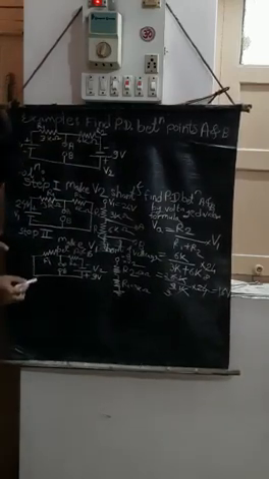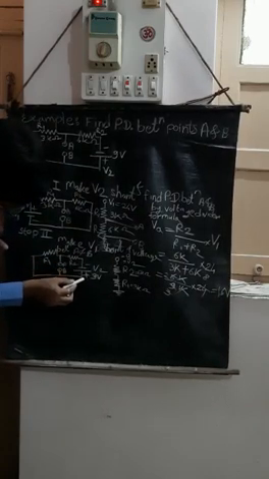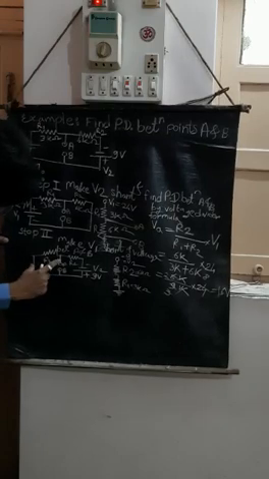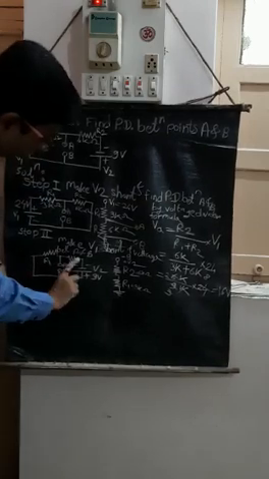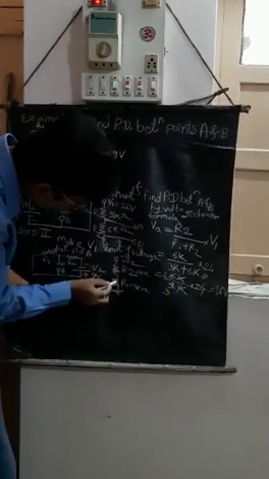The figure is like this: R1 here, R2 here, the 9 volt, minus 9 volt source, and here we have to calculate VAB. VAB means the voltage across R1.